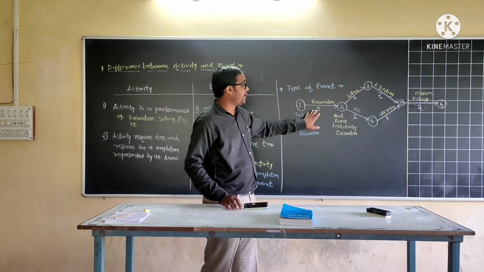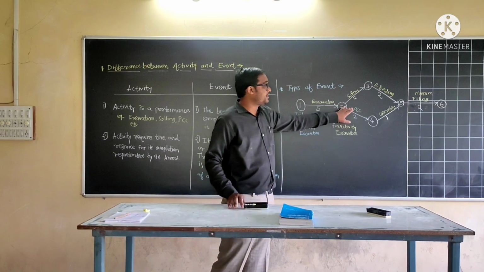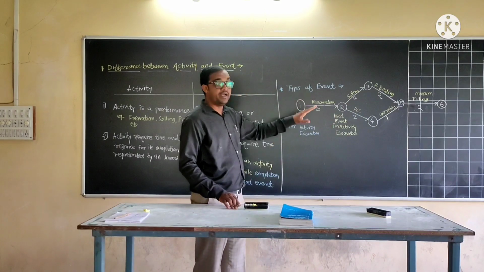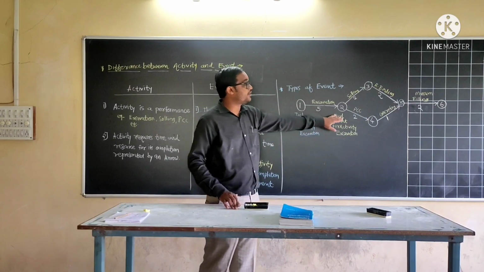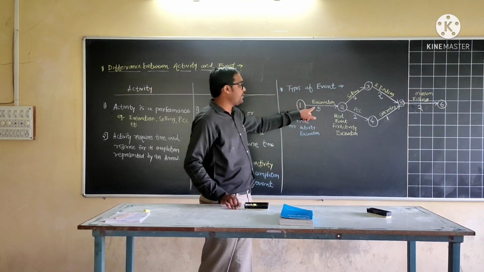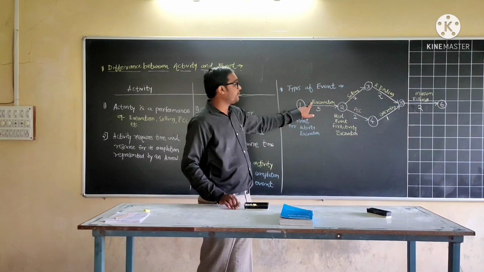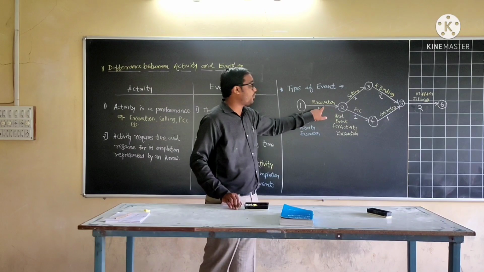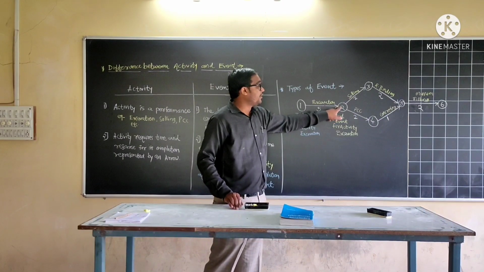This is excavation, this is PCC, soiling, reinforcement binding, concreting and mold filling. This whole network diagram shows the duration to complete each and every activity. When the excavation activity starts, automatically event 1 is started. The arrow shows the progress of the activity.